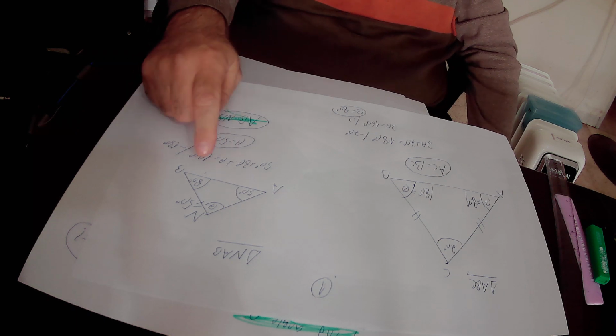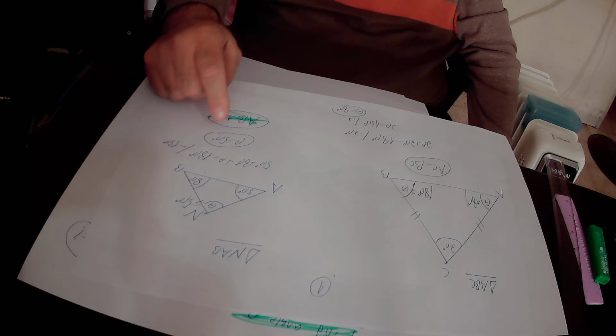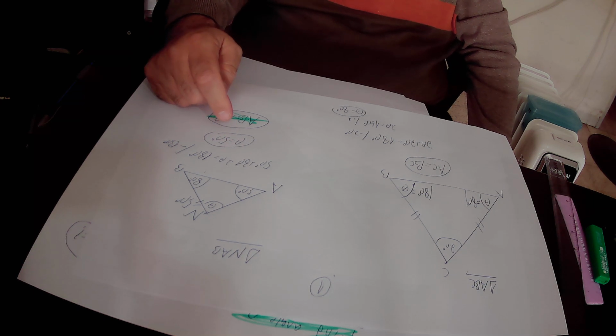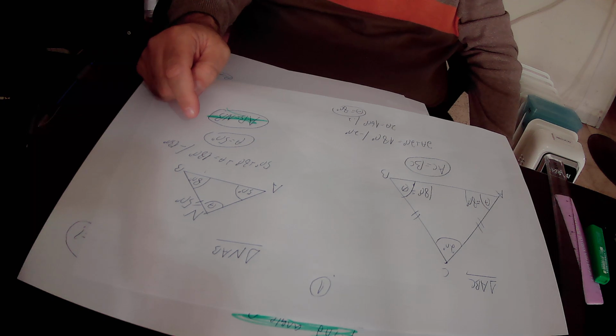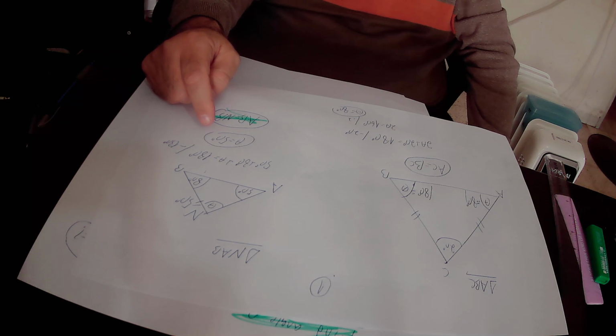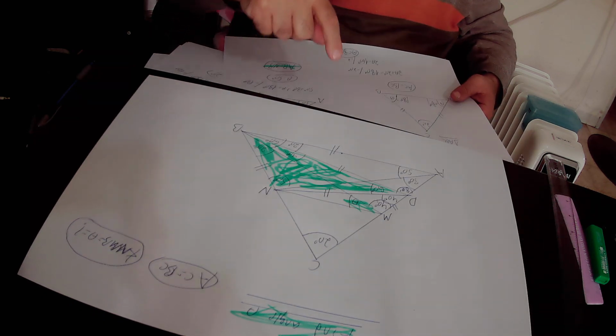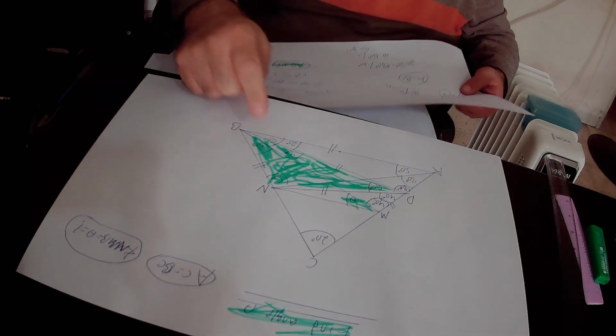So 50 degrees plus 80 degrees plus theta in total must be equal to 180 degrees. 50 degrees plus 80 degrees is 130 degrees. So we subtracted 130 degrees from this equation, and finally found that angle theta equals 180 degrees minus 130 degrees, that is 50 degrees. So angle ANB equals 50 degrees in its size.